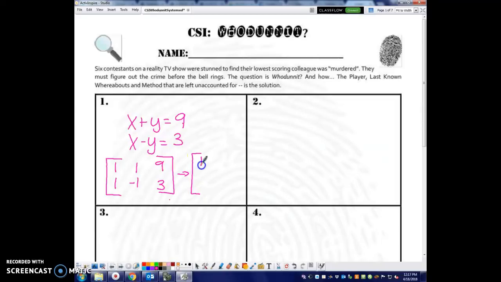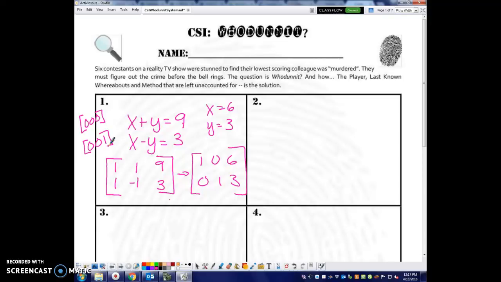We got 1, 0, 6, 0, 1, 3. Remember, if it says 1, 0, 0, 1, you're good. X is 6 and Y is 3. Okay? If it says 0, 0, 0, that's infinite solution. If it says 0, 0, 1, that's no solution.